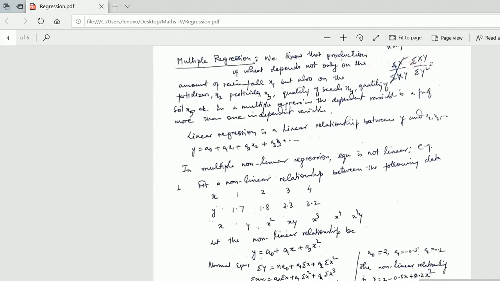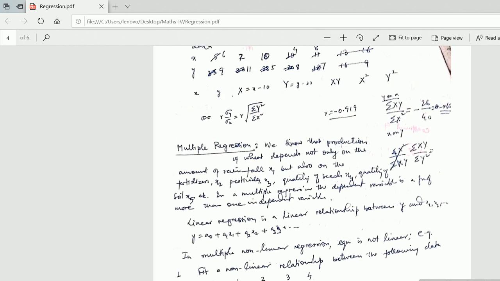Now we'll discuss a little bit more about multiple regression. What is multiple regression?